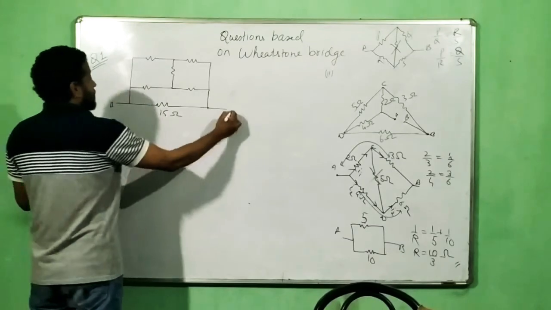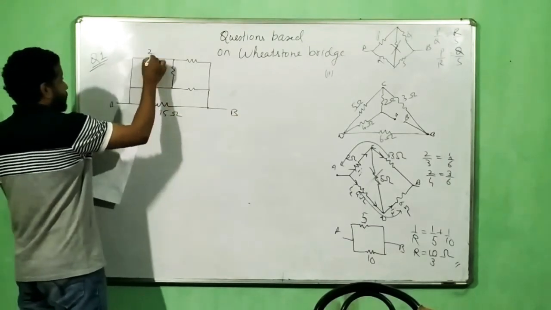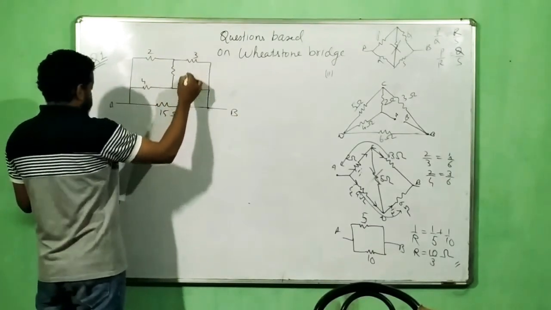This is my A, this is my B, and this is 2, 4, 3, 6.